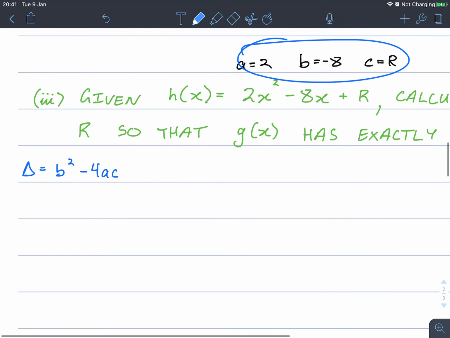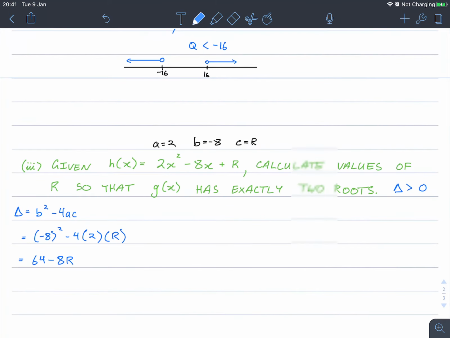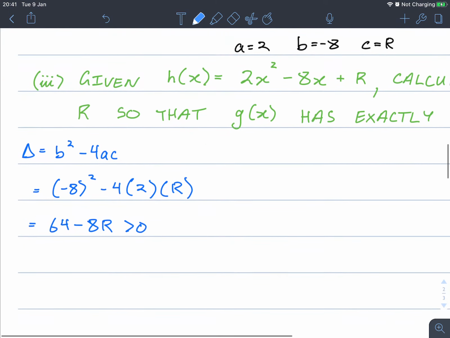Substituting these values into our equation, b squared is negative 8 squared, minus 4 times 2 times r. This will give me 64 minus 8r. And we said we want this to be greater than 0.